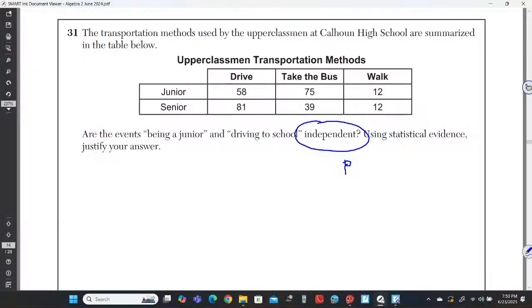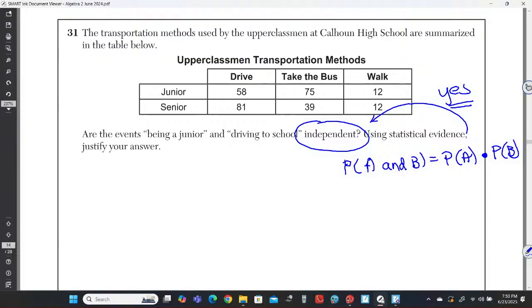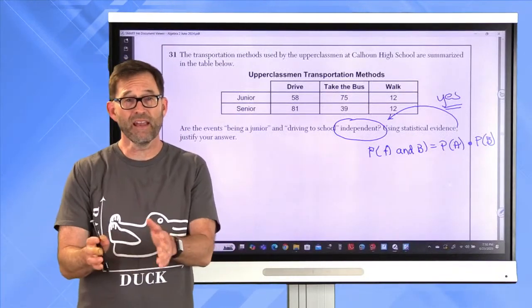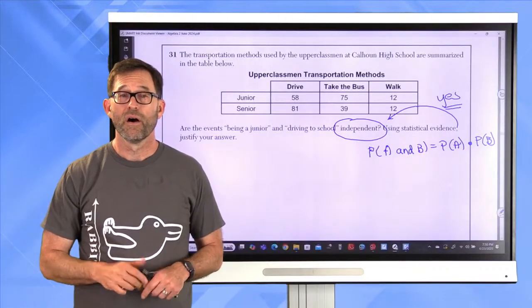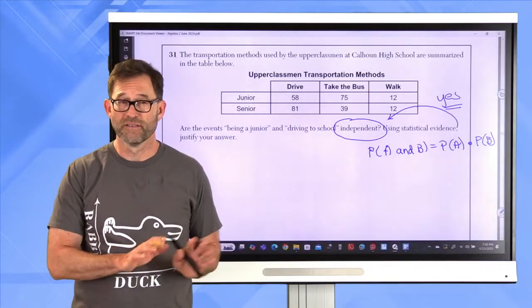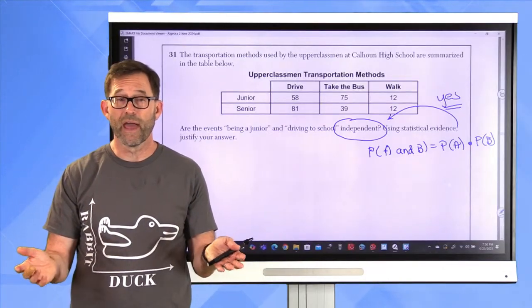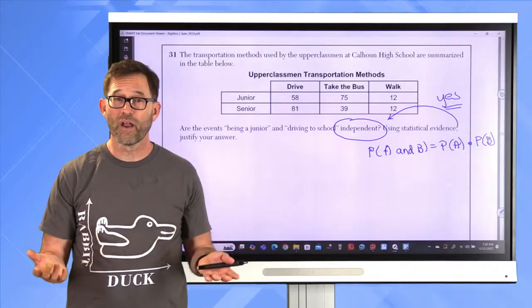If P of A and B equals P of A times P of B, then they are independent. And that's often the easiest way of doing this problem. So if the probability of A and B occurring together is equal to the probability of A times the probability of B, then they are independent. And if they are different, then they are not independent.